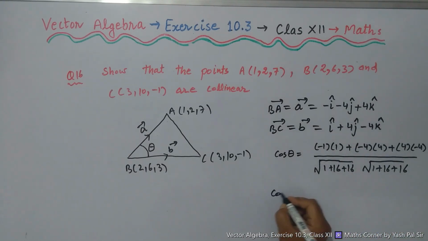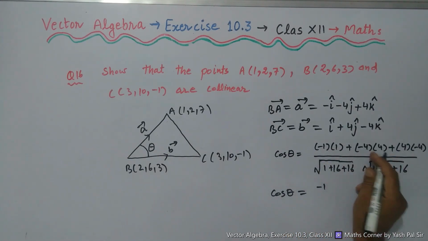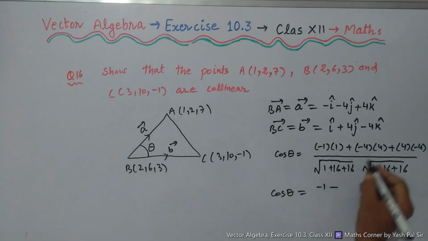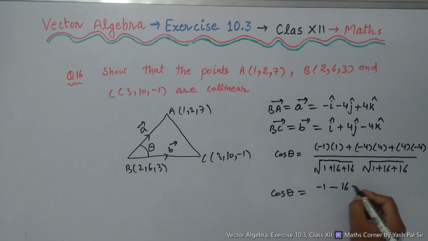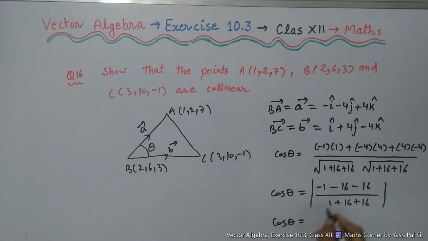So cos theta is equal to minus 1 minus 16 minus 16 divided by 1 plus 16 plus 16.